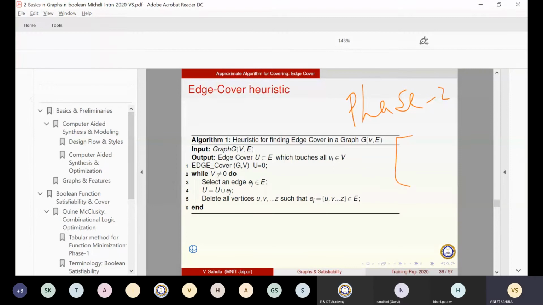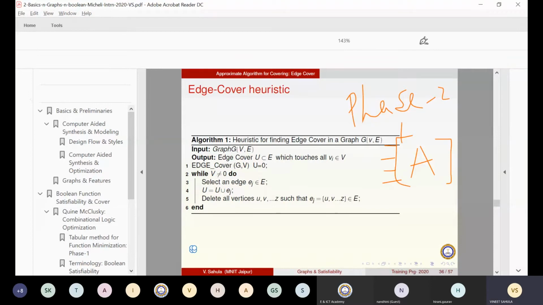For phase 2, if I have a matrix, I will take that matrix as a graph so that each row is a vertex. Please listen to me carefully. This is a cover matrix A. The columns are implicants and rows are minterms.